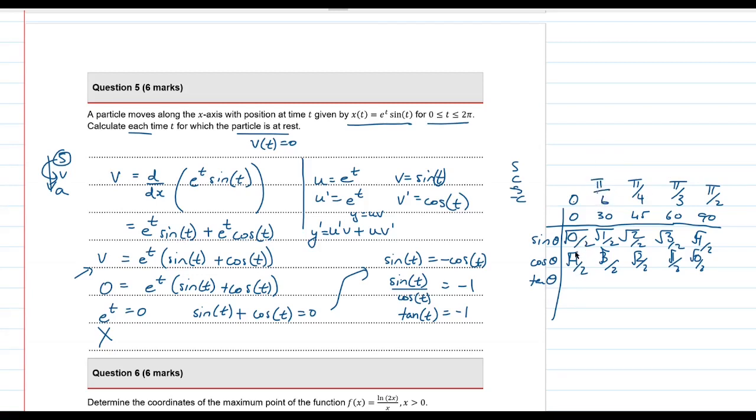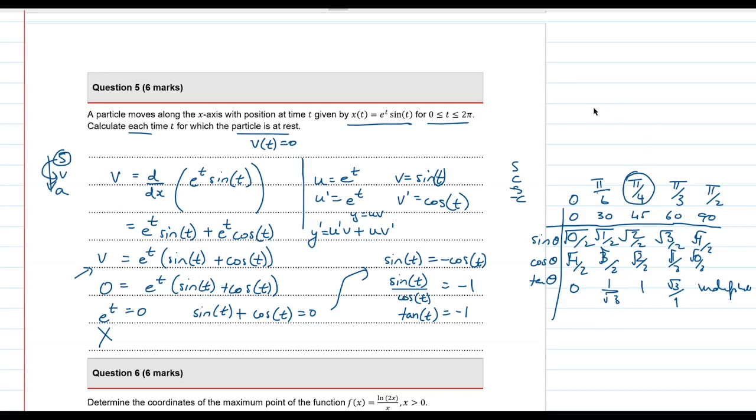So that's 0 divided by 1, so that's going to be 0. This is going to be undefined, and this is going to be 1. All I'm doing here is taking the numerator for the top over the numerator of the second, because tan theta is just sine over cos, and it only equals 1 for pi over 4.